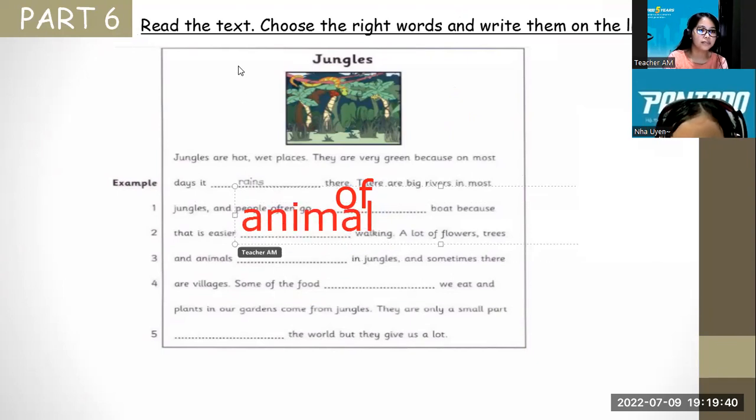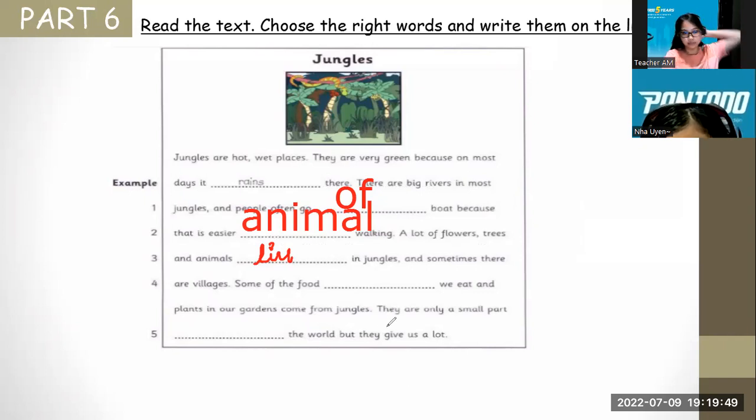And sometimes there are some of the food we eat and plants in our garden come from jungles.